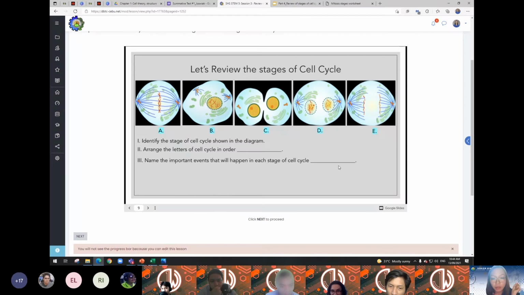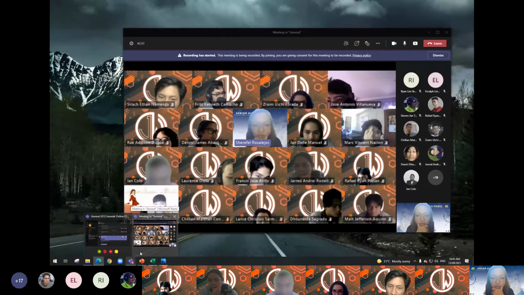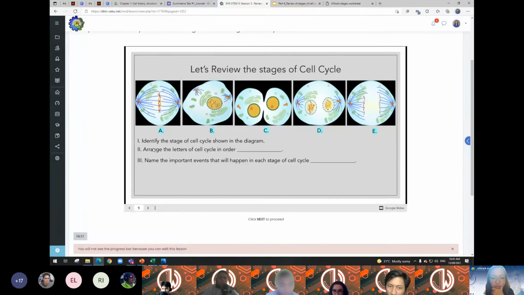What is the important event that is going to happen in prophase, the letter B, and in A, which is metaphase? What is the most important thing that happens first in B?